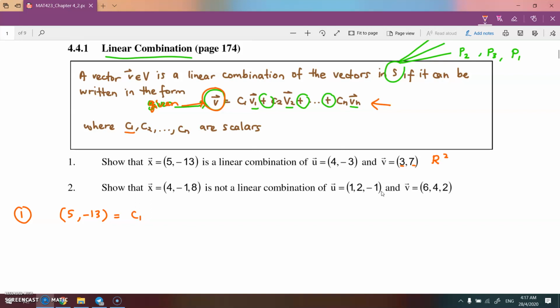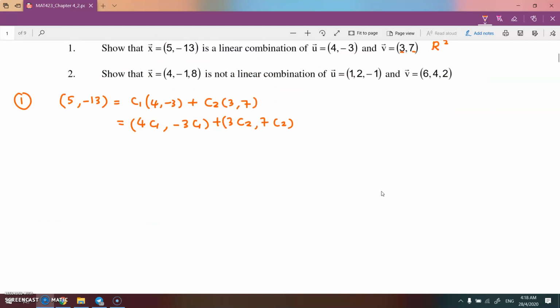If you want to use another letter for a scalar, like K, you can, but normally for scalars we use C. Then you expand this. So 5 = 4C1 + 3C2, and -13 = -3C1 + 7C2.